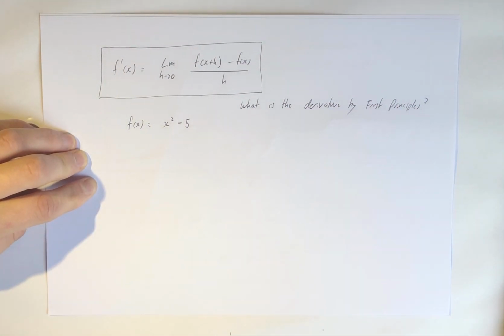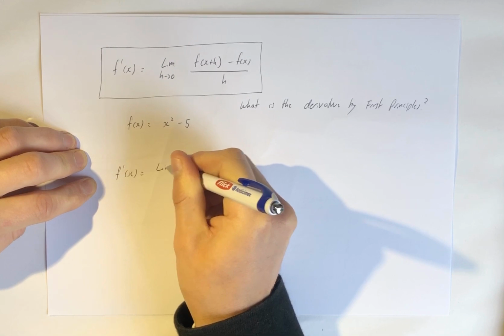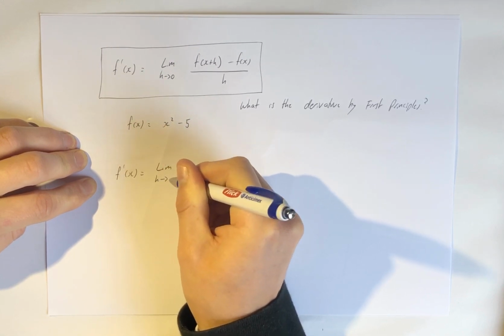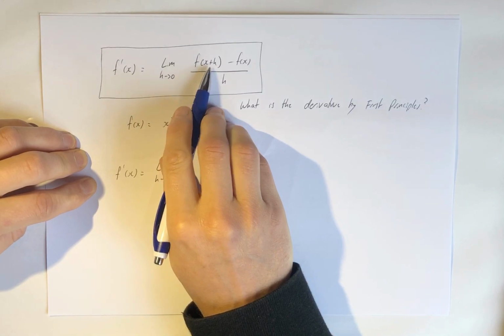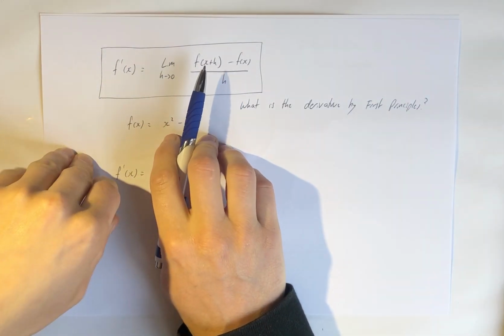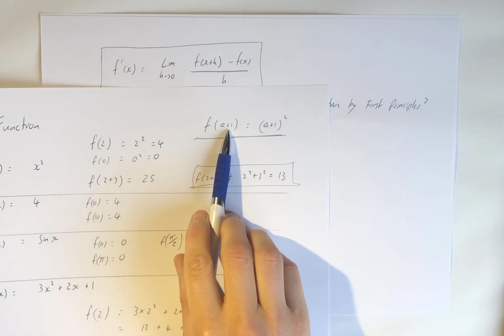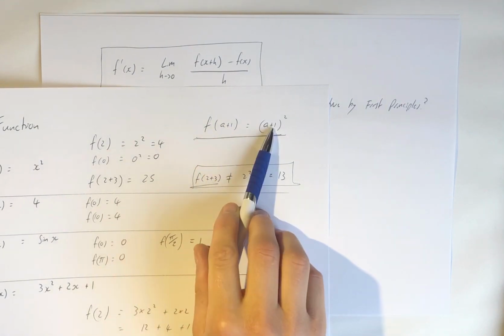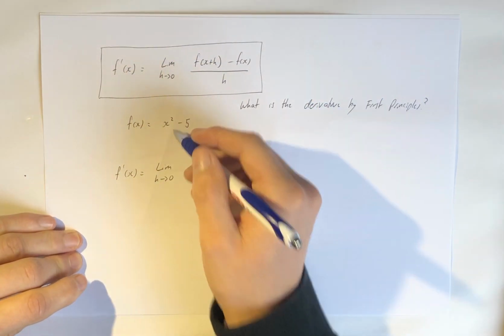So f prime of x is equal to the limit as h gets closer and closer to 0 of the function defined at x plus h. And so remember from that first piece of paper we did, I gave you an example what happens when we put two variables, or even a variable and a constant, into an x squared. So we have to put x plus h into this.